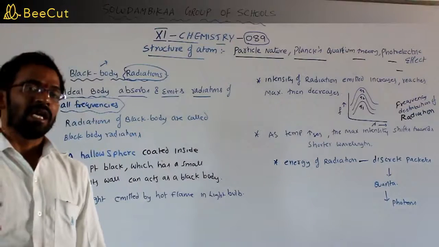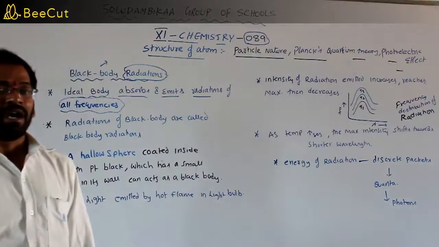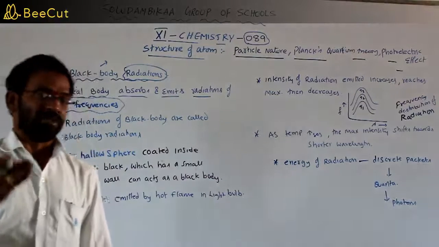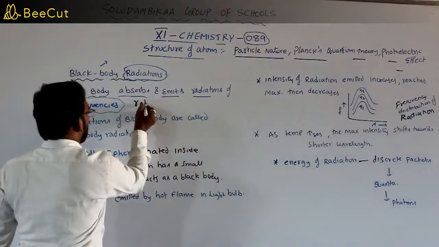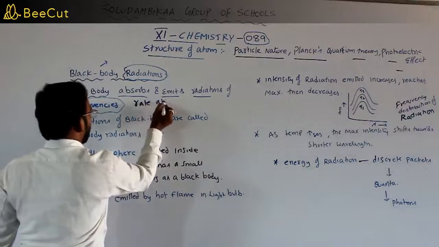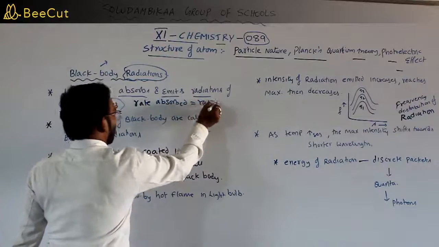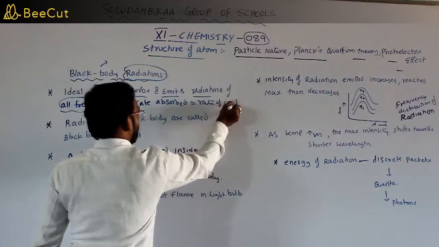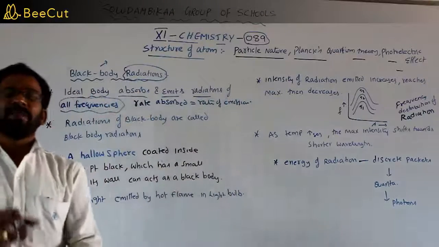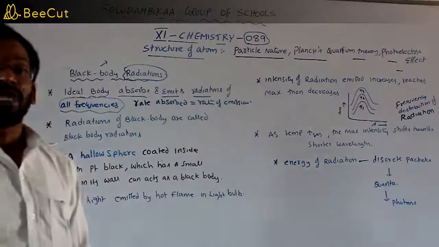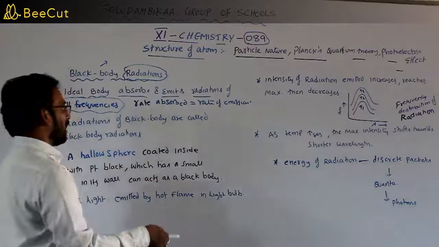Here the rate of absorption must be equal to the rate of emission. So if a body can absorb some amount of light, it also has the chance to emit radiations. Those types of bodies are called black bodies.